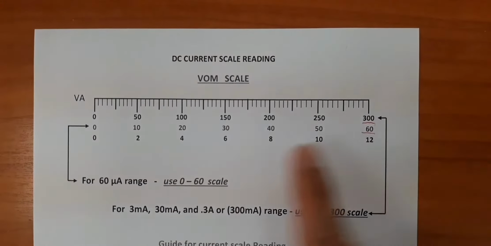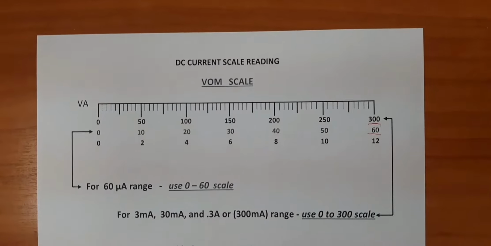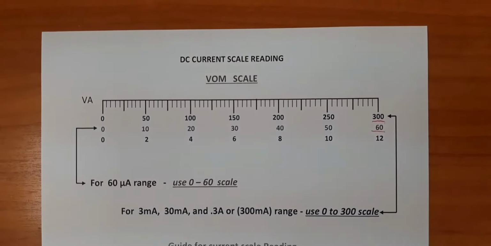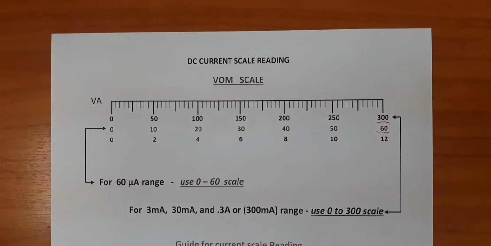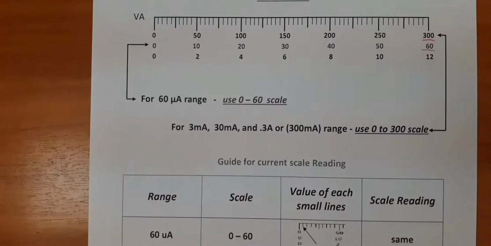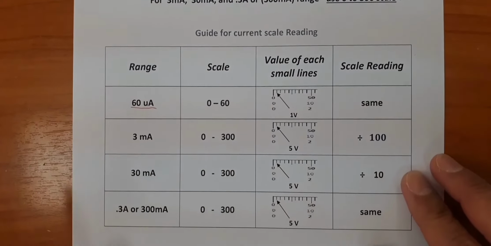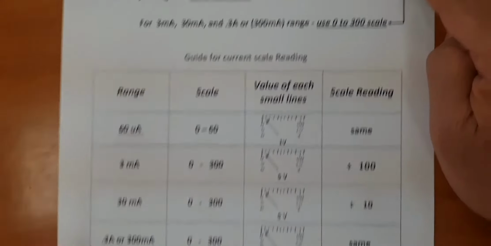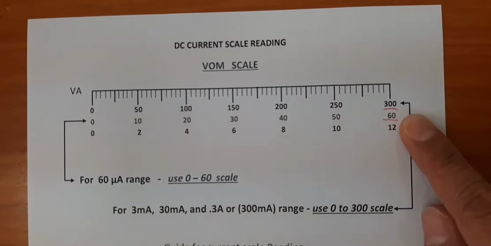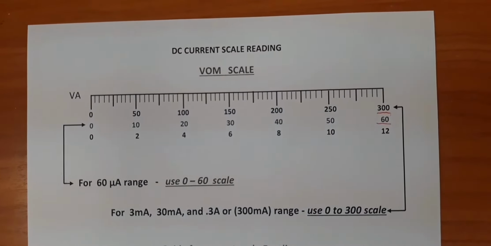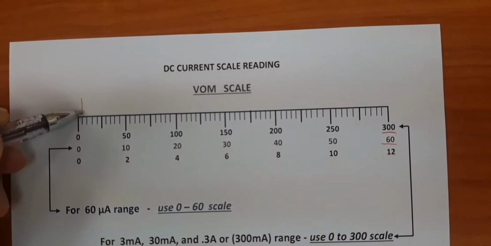This is the scale that we are going to use for our DCA measurement, or direct current ampere measurement. Now, let us start with 60 micro. For 60 micro, we will use the scale of 60, wherein every division and subdivision is counted as 1. For example, this line is 1.